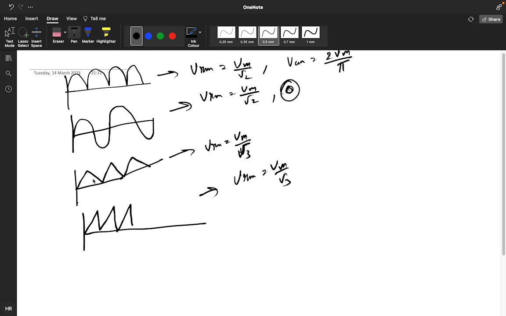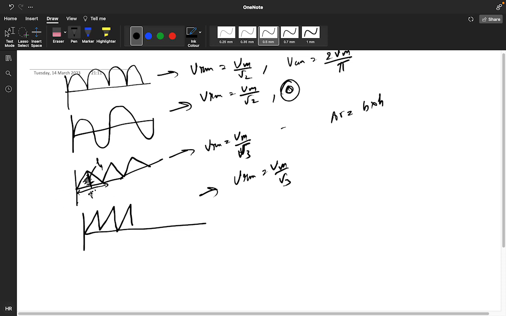And for finding the average you don't have to do anything, you just have to find the area and divide by the time period. So if this is your height and this is your time period, what is the area of a triangle? Area of a triangle is half into base into height.